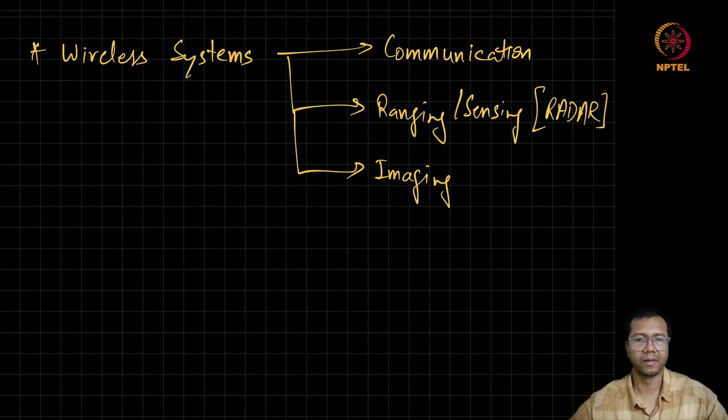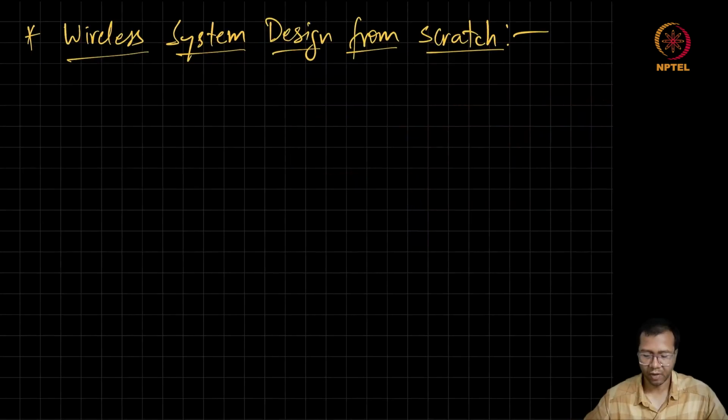Now we have some idea about what a wireless system is. To completely understand how a wireless system is designed, which architectures we can realize, and what kind of signal flow will be present, we are attempting to build a wireless system from scratch.